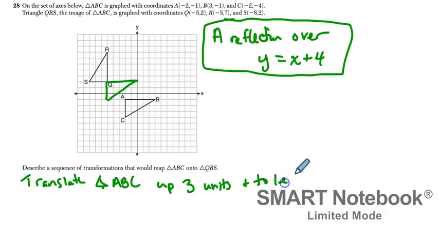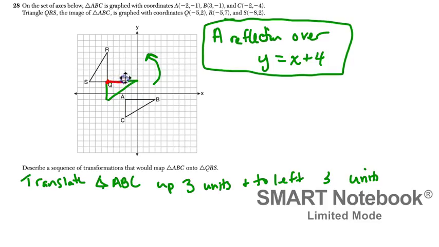Sorry about that. And then I could rotate it 90 degrees counterclockwise around point Q.